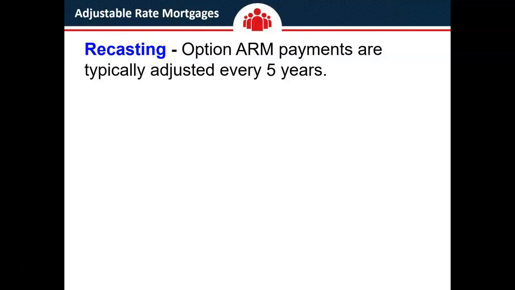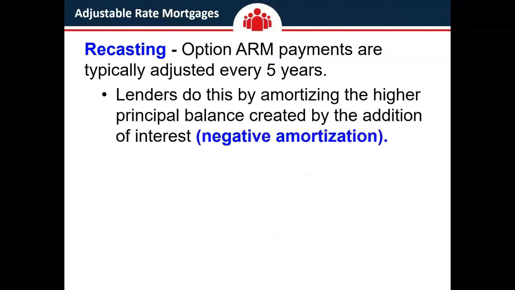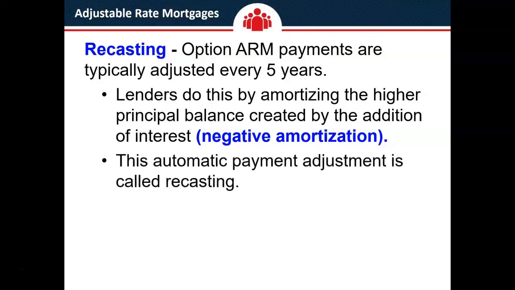And if they've added too much to the end of the loan, they had too much negative amortization, then that option goes away. Lenders do this by amortizing the higher principal balance created by the additional interest, meaning the negative AM. The automatic payment adjusts, and that particular process is called recasting.